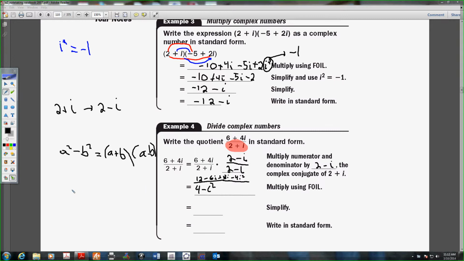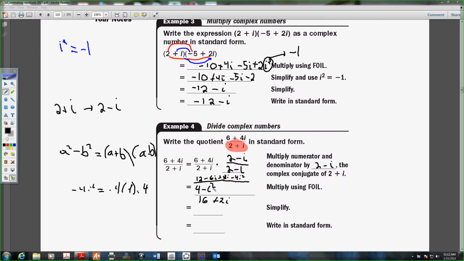Remember that negative 4i squared is the same as negative 4 times negative 1 from the i, so it gives us 4. So I have 12 plus 4, which is 16. Then negative 6i plus 8i gives us plus 2i, all divided by 4 minus i squared.